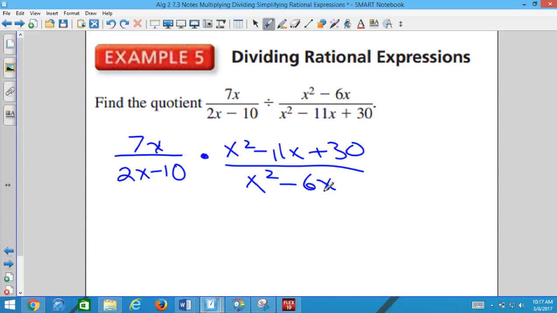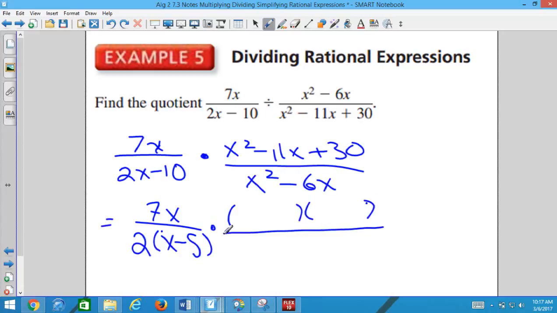Factor it. So let's factor whatever we can factor. We got 7x. What do we factor with 2x minus 10? GCF, 2 times x minus 5. Then we factor x squared minus 11x plus 30. So that's going to be a guess and check kind. On the bottom, we're going to factor x squared minus 6x.